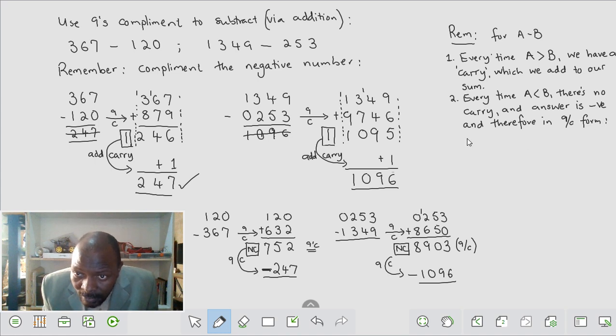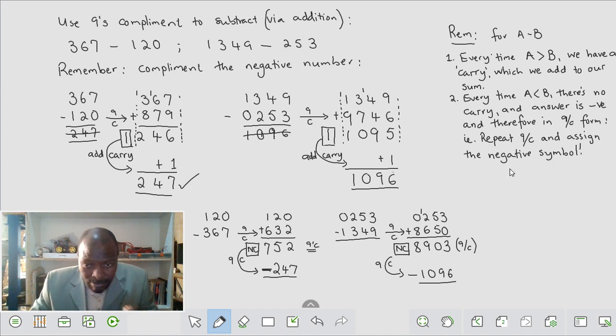What does it mean? That is, repeat 9's complement and assign the negative symbol. The answer is negative, the negative symbol.